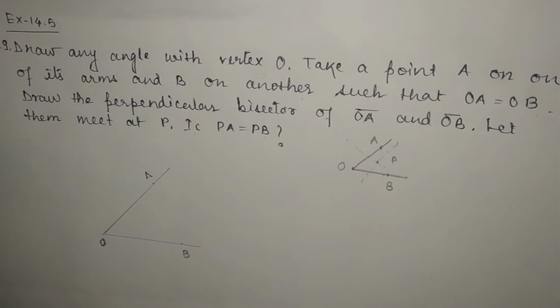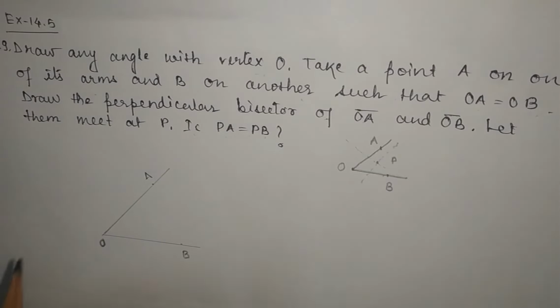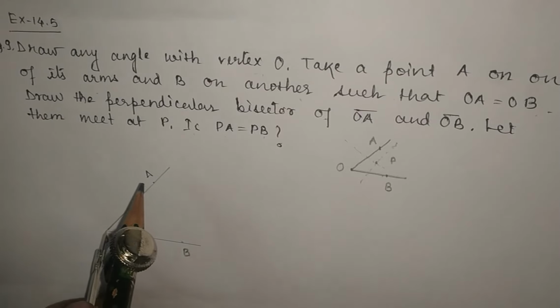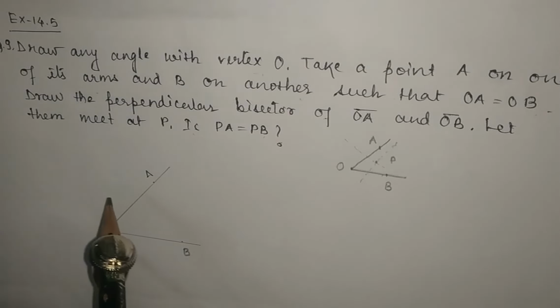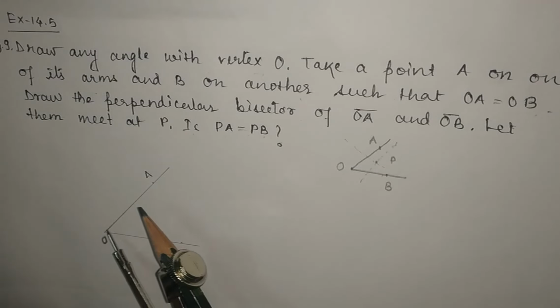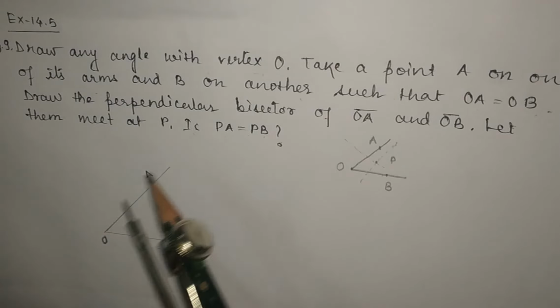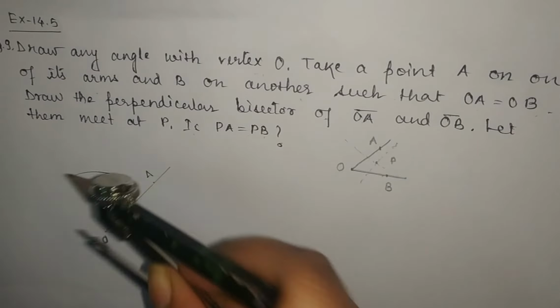Now we will have to draw the perpendicular bisector of OA. So for this we will take the compass and draw a radius more than half of OA. We'll take the measurement of more than half of OA and then draw an arc.